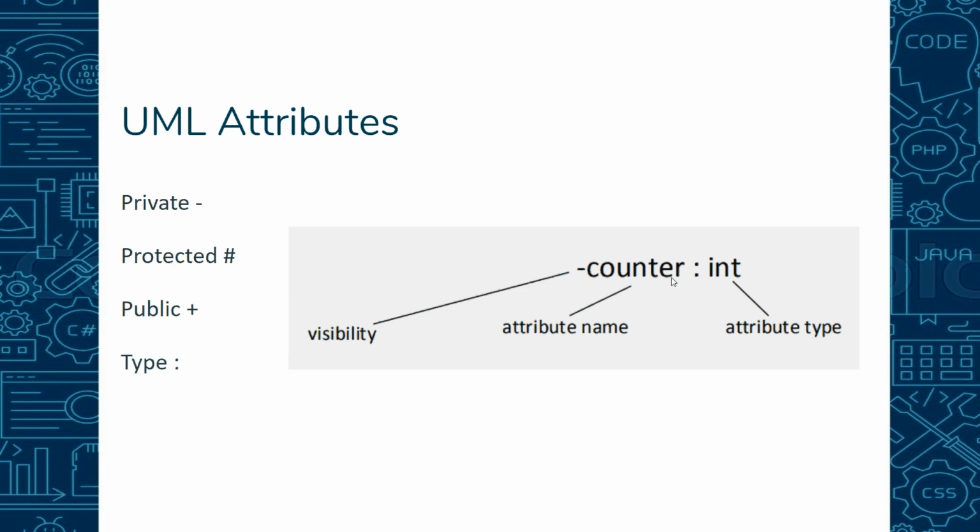This is the name of the variable, then you have a colon, and then the type. So it's a little backwards from C++, and it's not compiled, so the syntax doesn't have to be exactly correct, but you should know how to read them and translate them into code. That's why we're showing you some of the details on these.